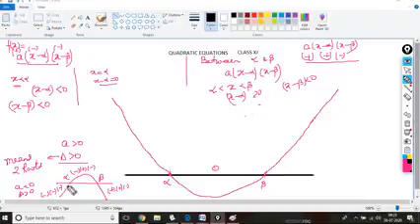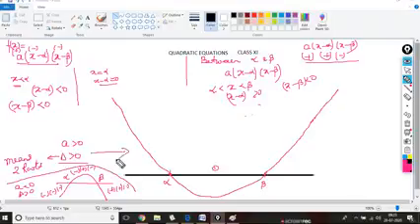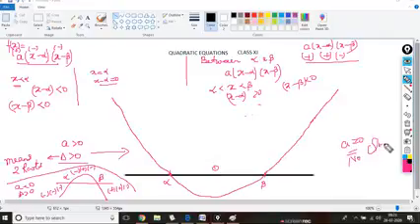So the product of three negative quantities is negative. You understand? This is the case of a less than 0. This is the case of a greater than 0. If a is 0, we really can't draw the figure, because if a is 0, then it is not even a quadratic equation. Technically in a quadratic equation, the value of a has to be non-zero.